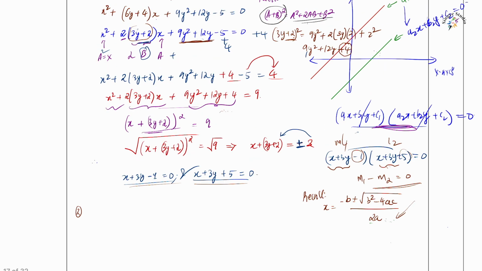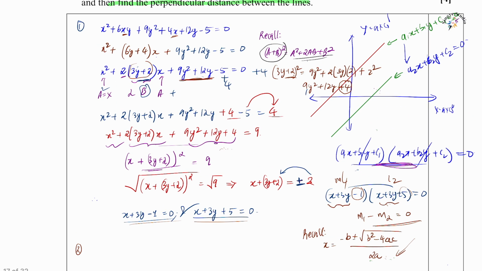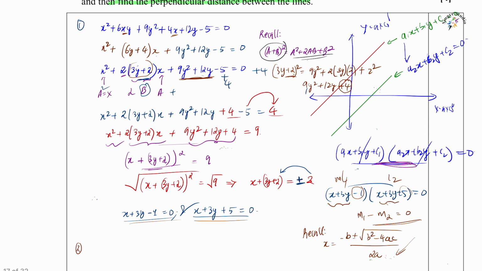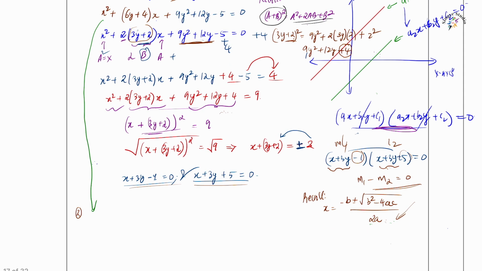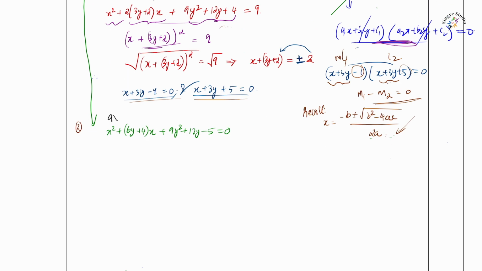For this also we need the quadratic form, which means we have to make use of this. So our equation is now x squared plus 6y plus 4 x plus 9y squared plus 12y minus 5 equals to 0. It should be in the form of ax squared plus bx plus c equals to 0, okay?